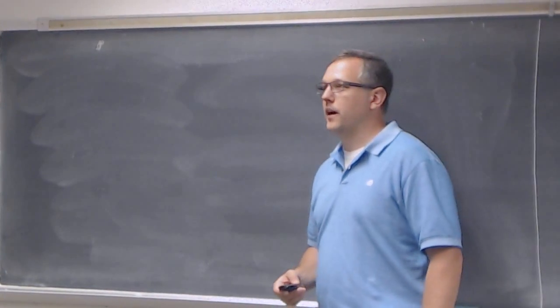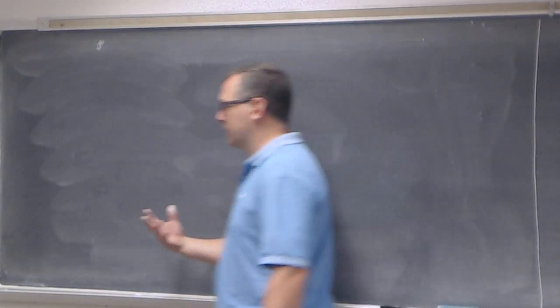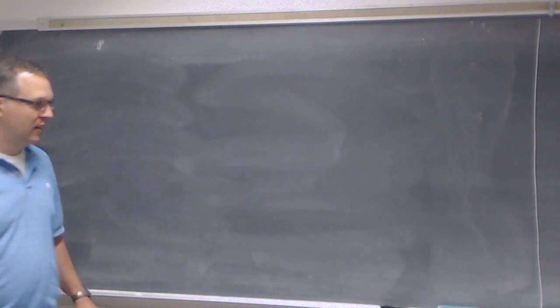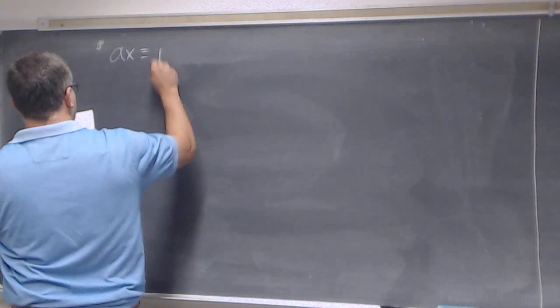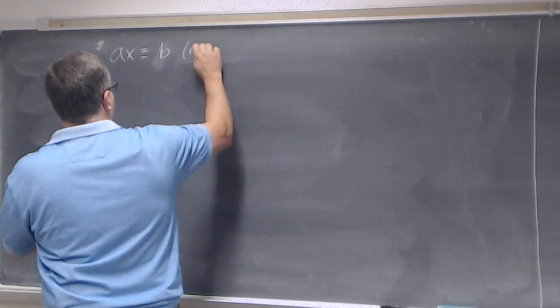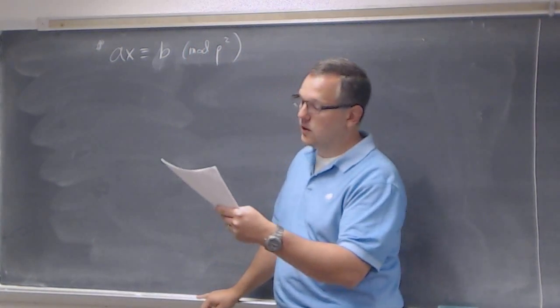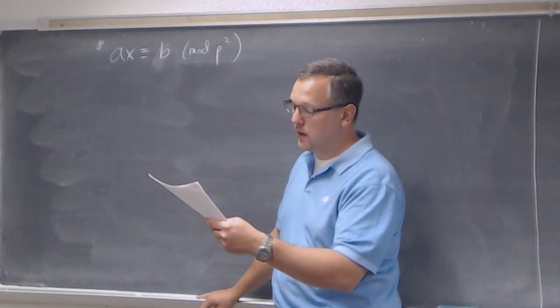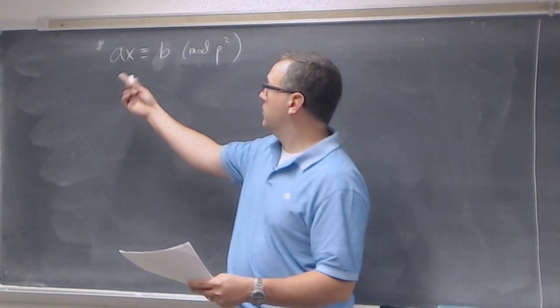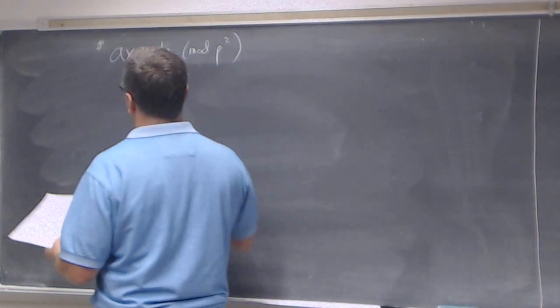If you were taking a multiple choice math test that said solve this equation and you had 4 answers there, what kind of strategy have you taught your students? To plug it in, right? So that's this equation, ax equal to b mod p squared. And I said prove that a to the power p squared minus p minus 1 times b is a solution. So you have to plug it in and show that this makes the congruence true.